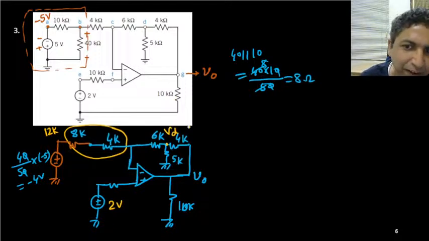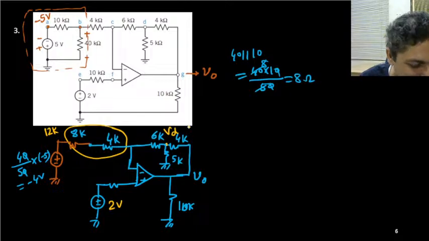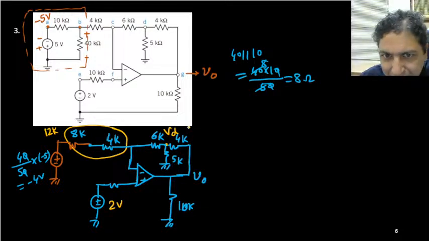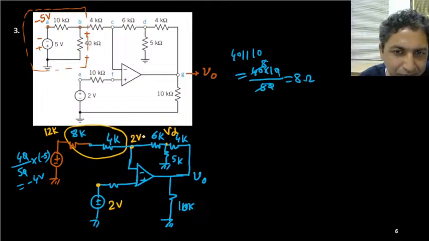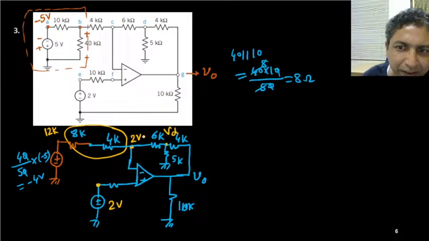First we will try to find out VD. Can you calculate VD? If this potential is 2 volt, this potential is also 2 volt. Now we can easily calculate VD, because whatever current is coming here, that current is going through this side.